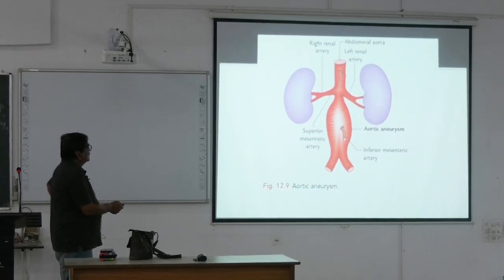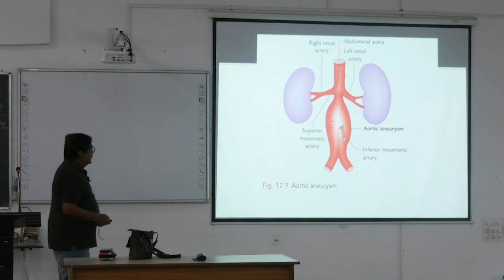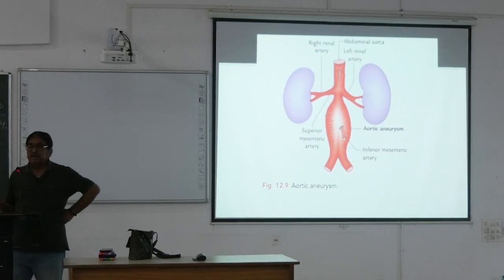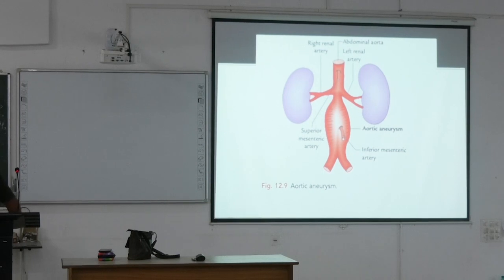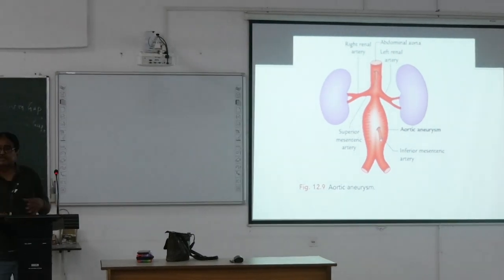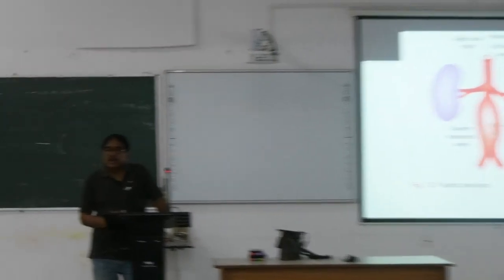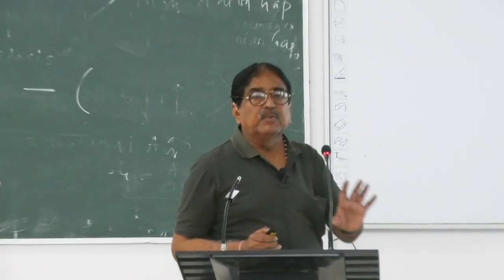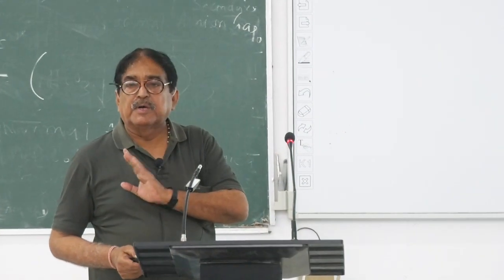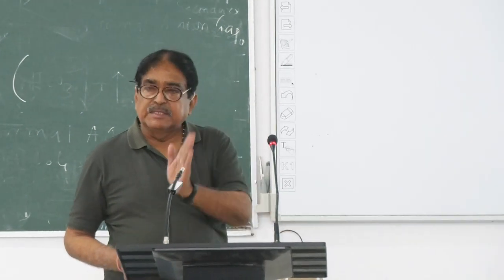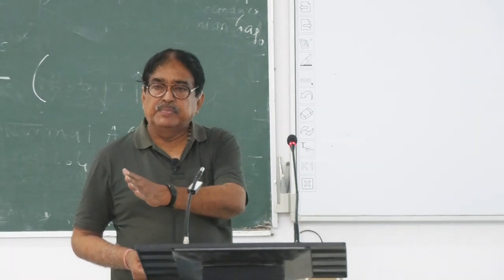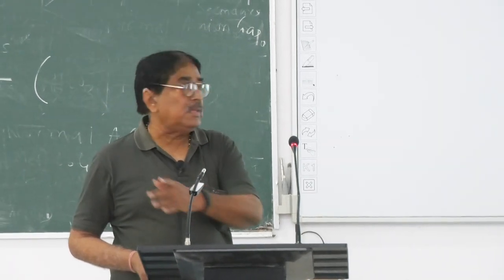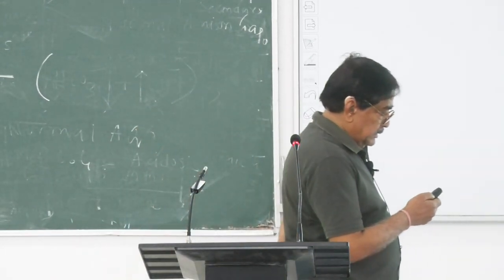Now you have to distinguish between an aortic aneurysm and a normal pulsation. If there is swelling, you order an ultrasound, a CT, then MRI, and you get the information.